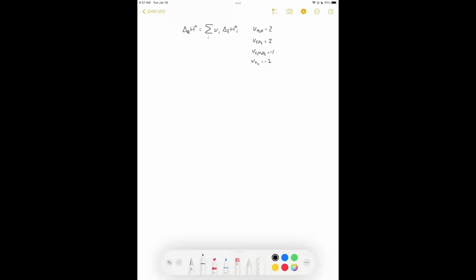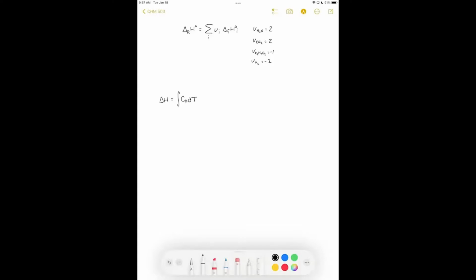At some point, we may want to know the enthalpy of a reaction at a different temperature other than 298.15 Kelvin. How would we go about calculating this? Essentially, what we're going to do is recall our definition of enthalpy. So we calculate our enthalpy by saying that the change in enthalpy is equal to the integral of the heat capacity dT.